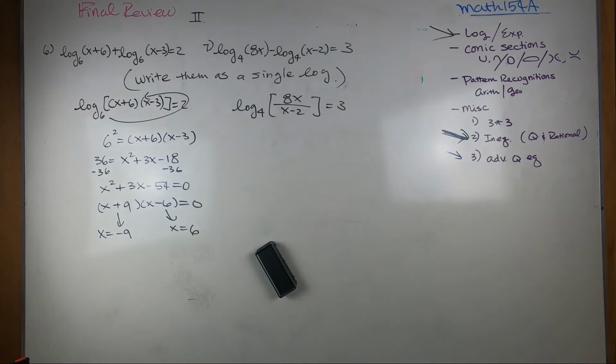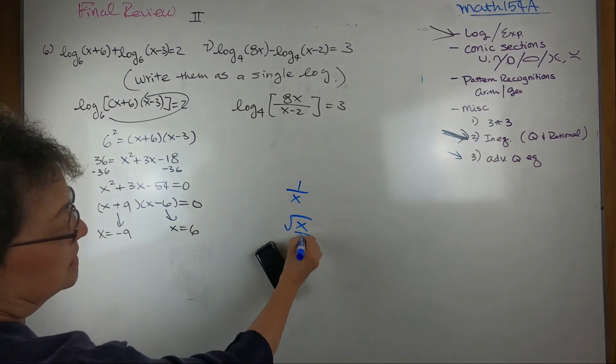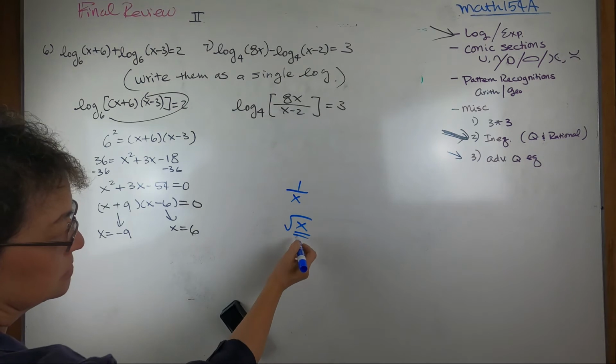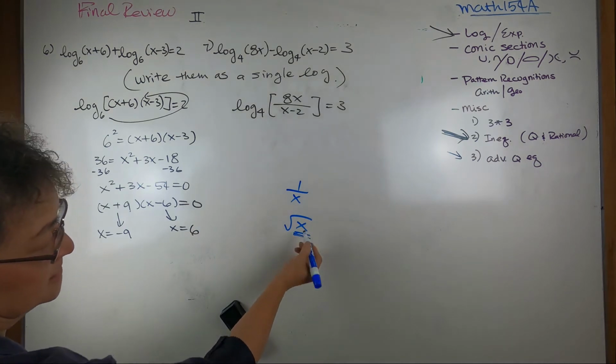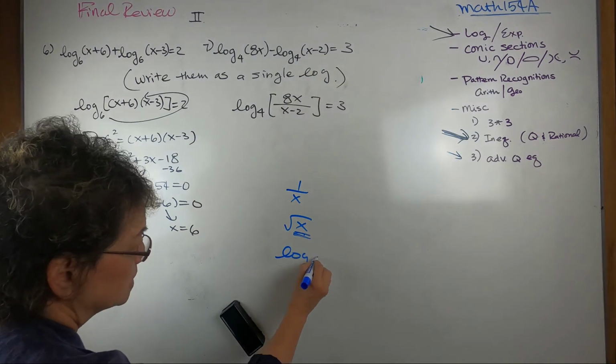We said there are a few things you need to check, right? One is fractions: the denominator cannot be 0. Another is radicals: inside of even radicals, you have to be positive, cannot be negative. Another one is a log.